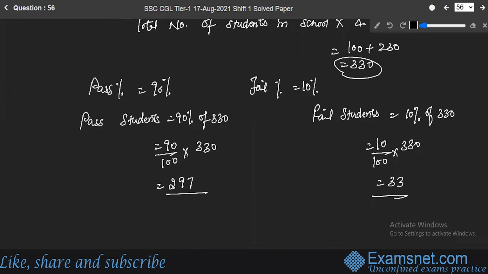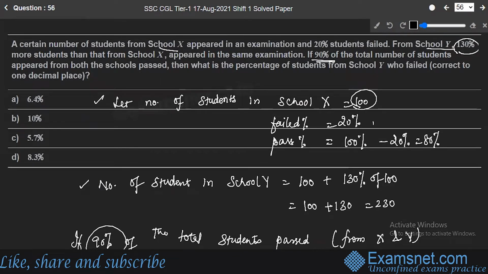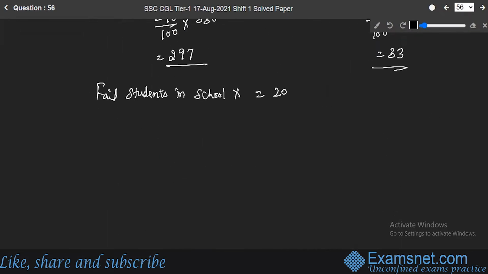So now, failed students in school X, how many were they? They were 20, remember? Here we said 20, right? 20% of 100 means 20 only. So failed students in school X is 20. Total failed students is equal to 33. So how many failed students are there in school Y?